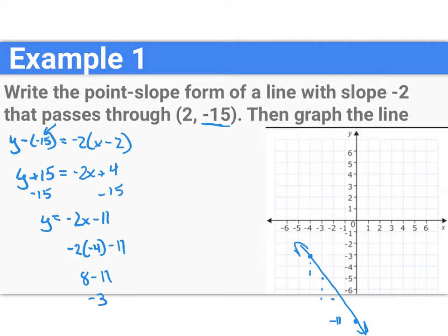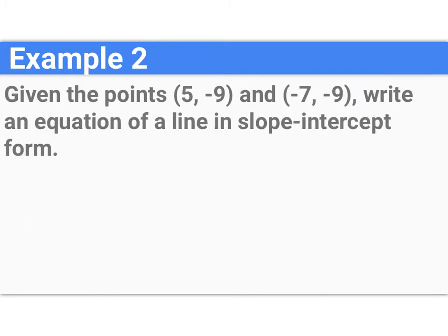So I could have had a sharper line, but that is the form. We graphed a line. This is the correct slope-intercept form of the line from using point slope form.